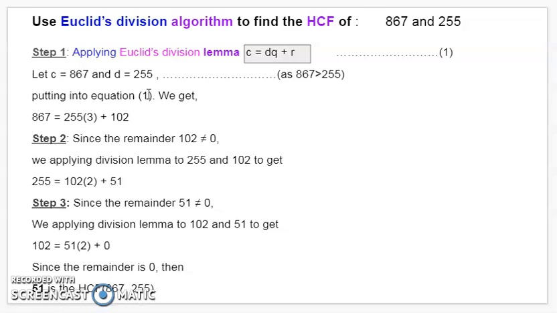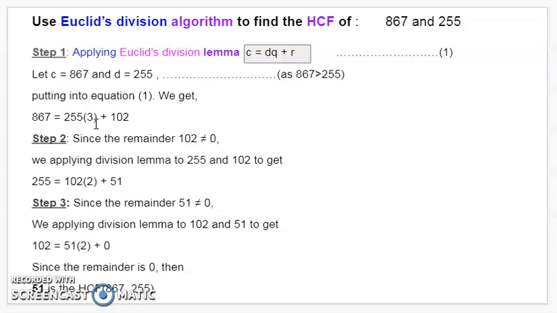We are putting these values into the equation c equals dq plus r.